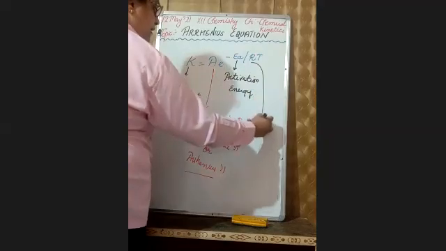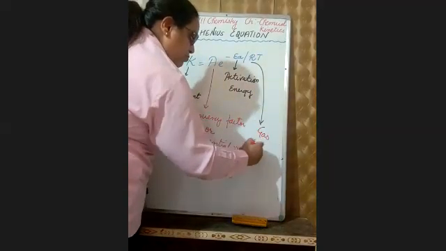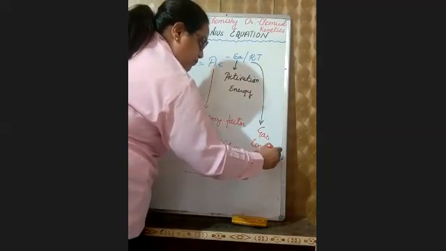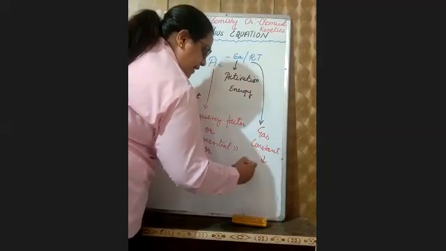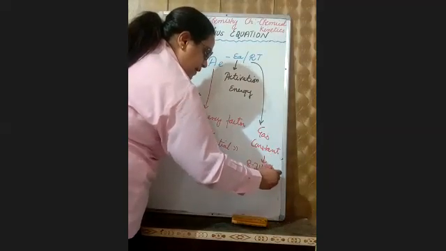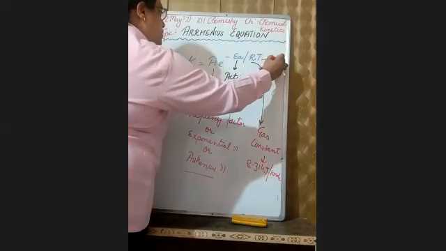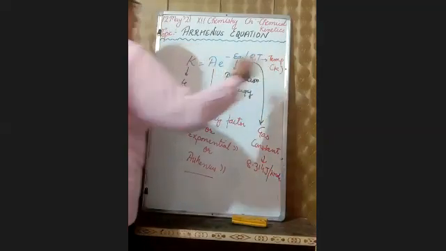This R is your gas constant. Dear students, we are talking about gas, so here its value will be 8.314 joule per Kelvin per mole, and T is your temperature in Kelvin.